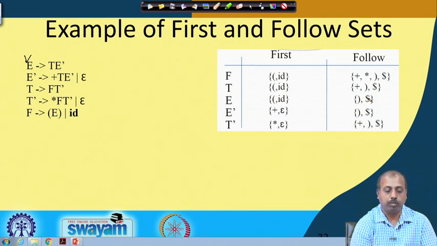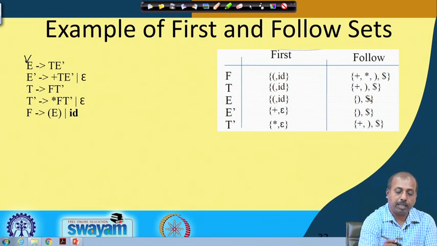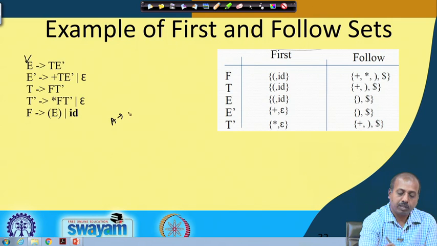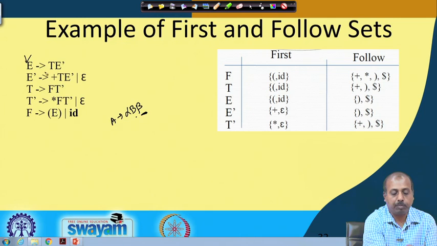So, the dollar will be in the follow set of E. So, dollar is included. Now, you scan through this grammar and try to apply the rule that whenever we have A producing alpha B beta, then whatever is in first of beta is in follow of B. So, apply the first rule.